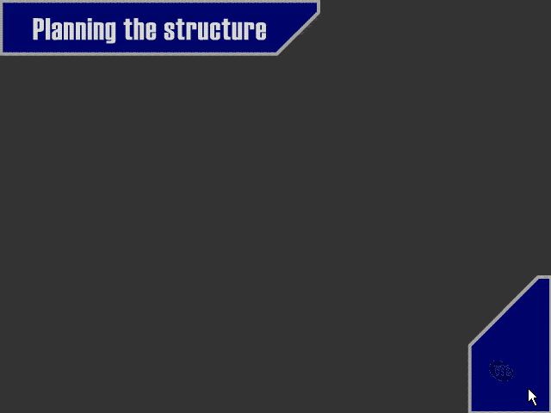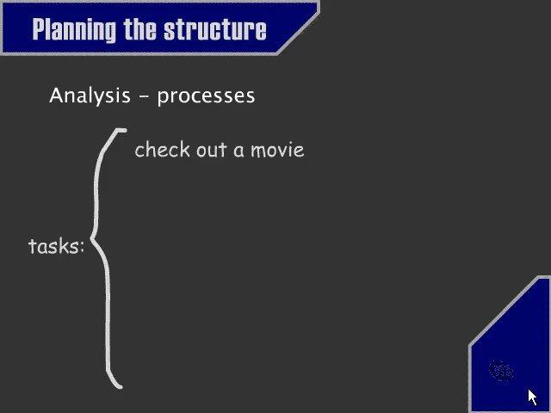Now let's take a look at the processes that are involved in realizing this set of needs. I've split this up into tasks, just a set of tasks that have to be carried out by the application. I'm not worried about how it's doing it at the moment, just these are the things that need to be done. The first thing that the application needs to be able to do is register that a customer has checked out a particular movie.